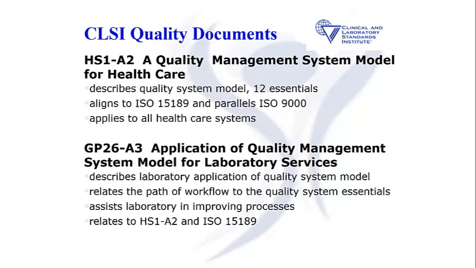CLSI has two documents that are very important in the clinical laboratory. HS1-A2, a quality management system model for healthcare, approved guideline, second edition, CLSI/NCCLS document HS1-A2, a document developed in 2004.